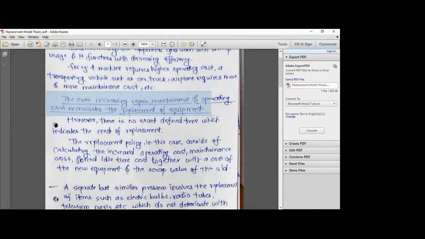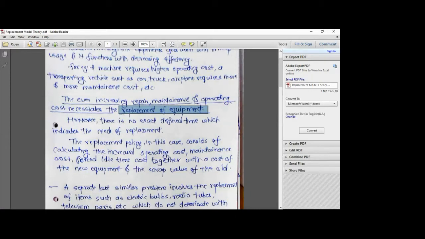The ever increasing repair, maintenance and operating cost necessitates the replacement of this equipment. At a particular stage we'll think that operation and maintenance or the repair works are incurring huge cost, and why should I incur such a high cost only on operation and maintenance? So we will start to think, why not replace this equipment?